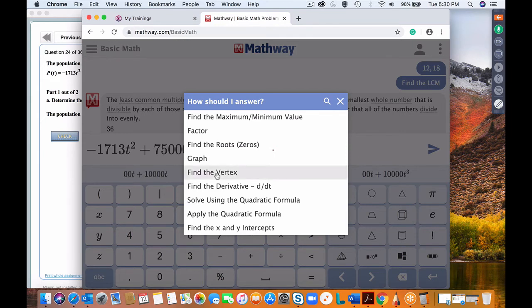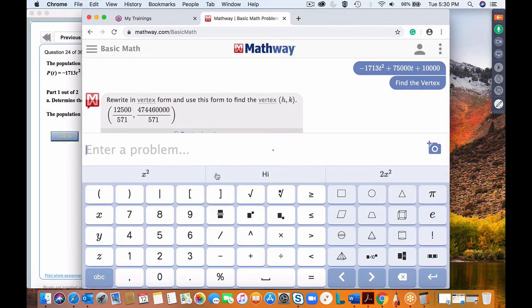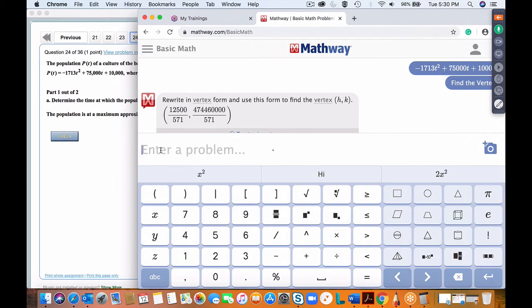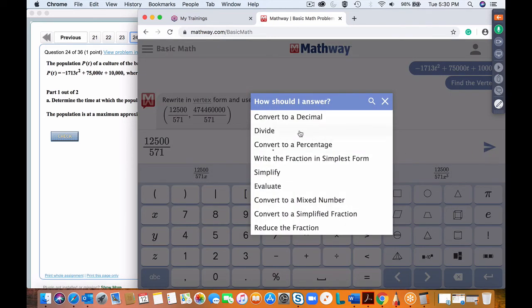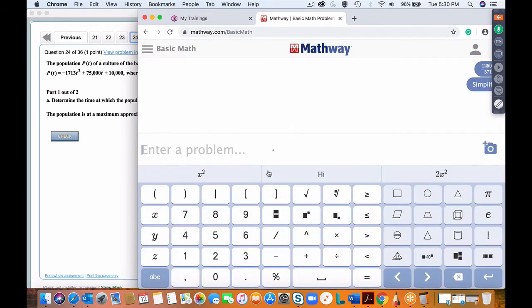Yeah, and let's say find the vertex, and they give you the vertex. So if you see, the first one, which is x, is not really simplified, so I'm going to divide it. 5.2 divided by 571, and simplify.